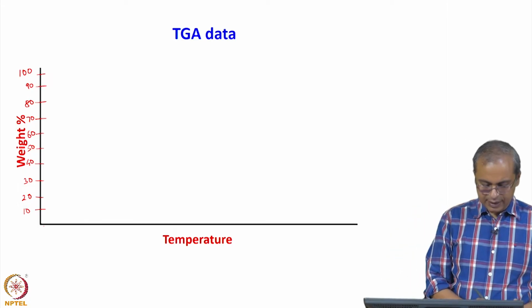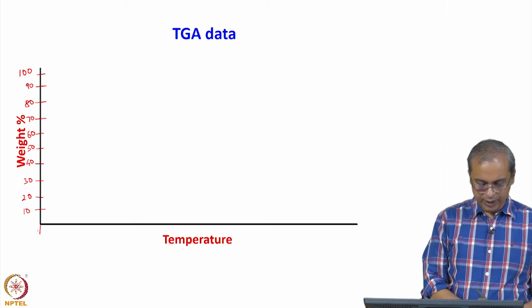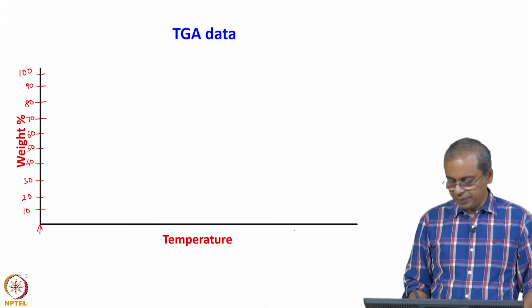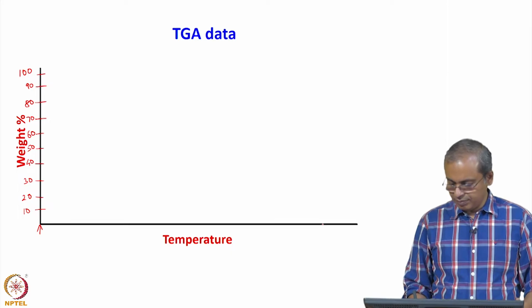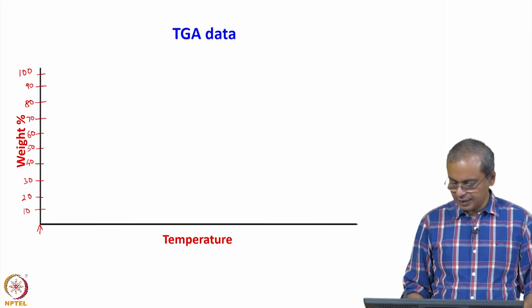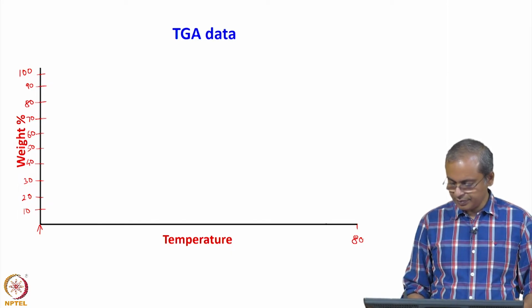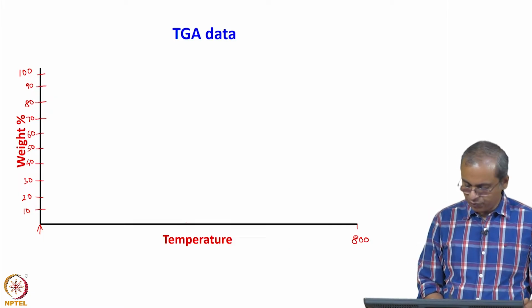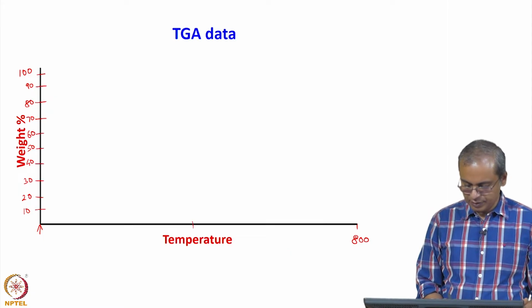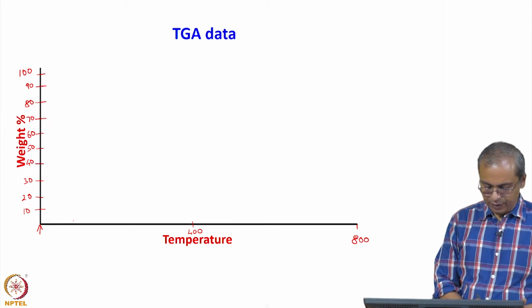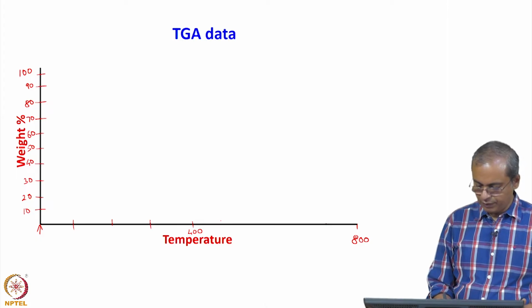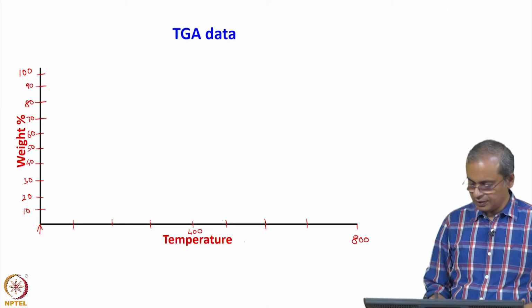Let us say this is room temperature out here, and then we are going up to say 700 or 800 degrees C. Let me call this 800 degrees C. So, the halfway mark is about 400 degrees here. So, we will have 100, 200, 300, 400, 500, 600, 700, something like that.